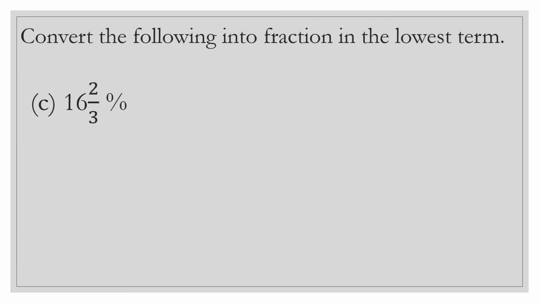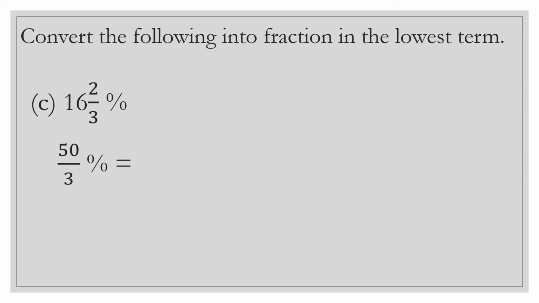Let us solve one more question. Question number C. Convert 16 2 upon 3% in the lowest term. Again, see, 16 2 upon 3 is a mixed number. So let's convert it into an improper fraction. 16 3s are 48 and 48 plus 2 is 50. So we get 50 upon 3%. And we know that if we remove the percentage sign, always divide by 100.